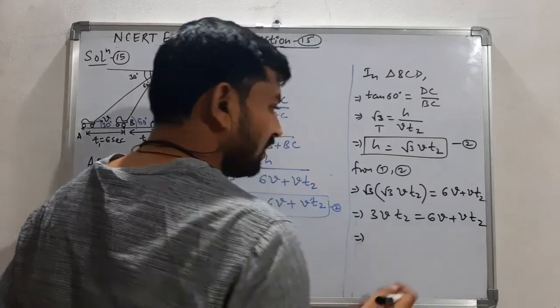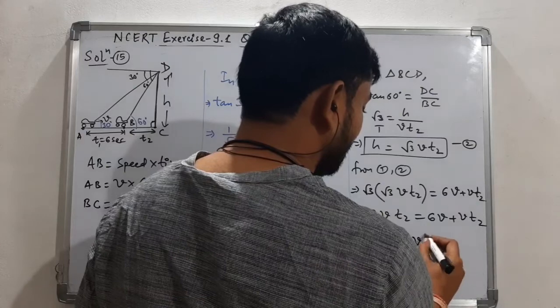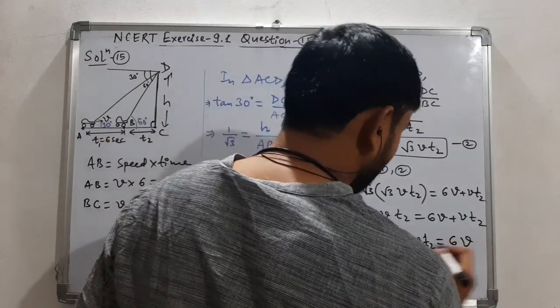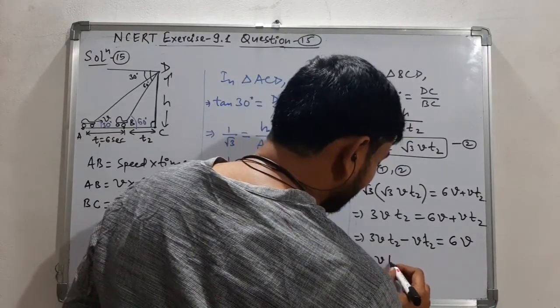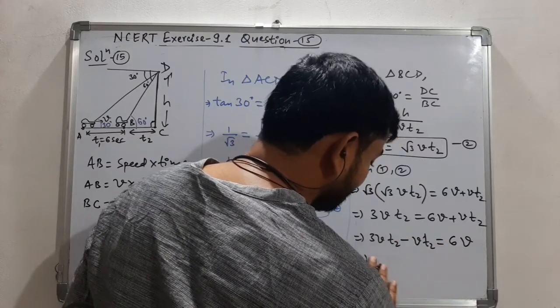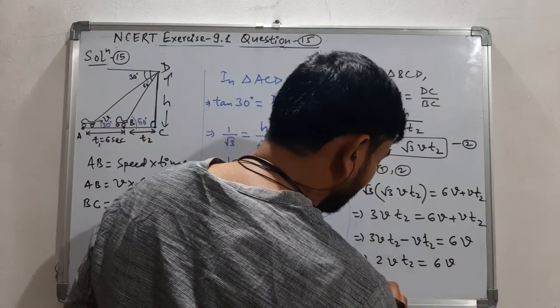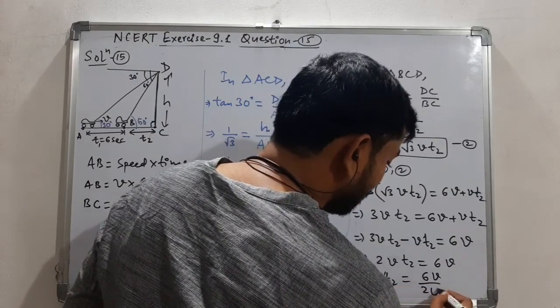Now if we bring this VT2 here, that is V times T2, VT2 is equal to 6V. If you take VT2 common and solve this, it will be 2VT2, that is 6V. So the value of T2 will be 6V upon 2V.